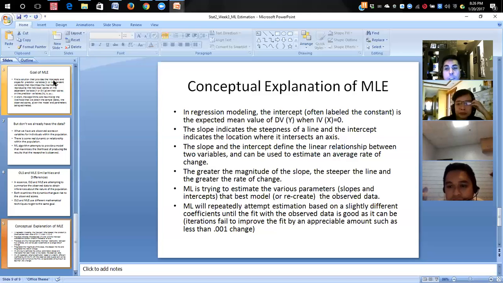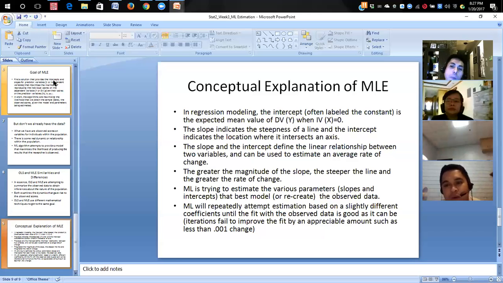So remember this, because we will look at this on the output. In regression modeling, the intercept, or the constant, is the expected mean value of the dependent variable when the independent variable is 0. So think that if your dependent variable is NCEE score, the mean value of NCEE, for example, in my simulation was 29 when the independent variable, which is the IQ, is 0.